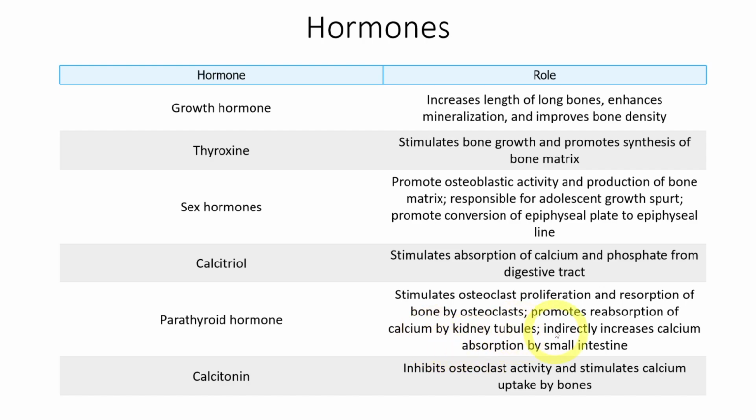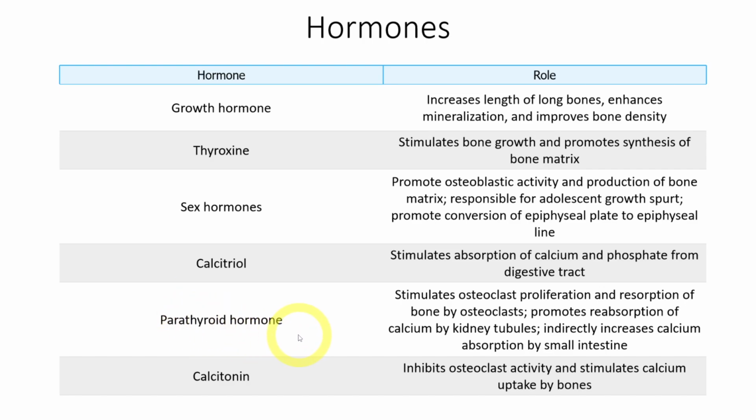So it sends it somewhere else, like to the muscles, because they use a lot of calcium as well. And it indirectly increases calcium absorption by the small intestine. Digestive tract.